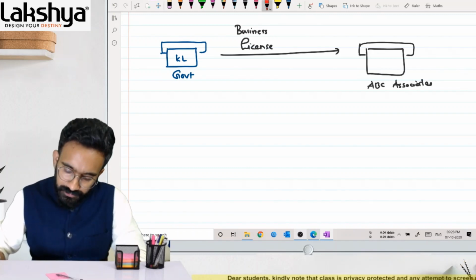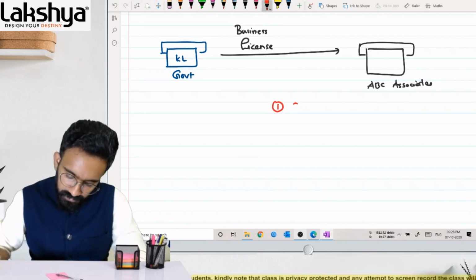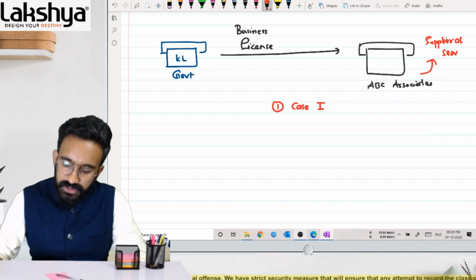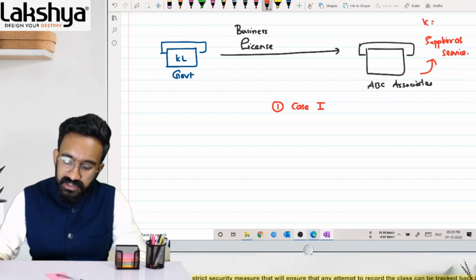Now I'm going to give you two cases. Case 1. ABC Associates is a supplier of service. What is the limit for registration for a supplier of service in Kerala? It is 20 lakhs.